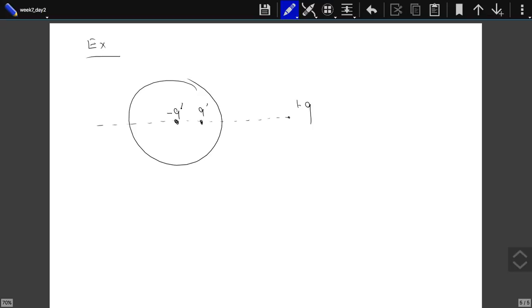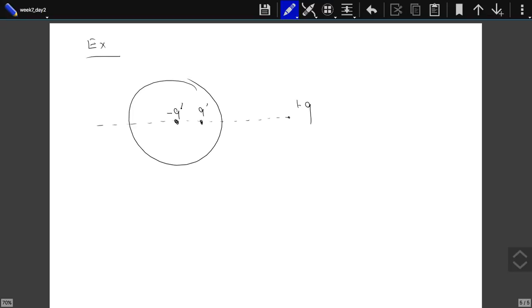Now with this configuration, we know that the surface of the sphere is an equipotential surface because the potential of plus Q plus the potential of Q prime makes sure that the potential on the surface of our sphere is 0. And then we have this additional potential created by the charge minus Q prime, but that potential is just a constant on the surface of our sphere. So the surface of the sphere is an equipotential in this configuration.